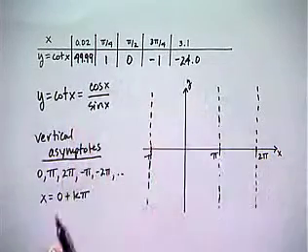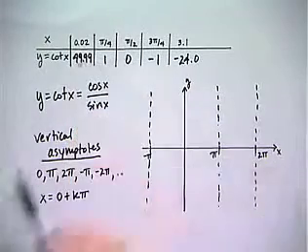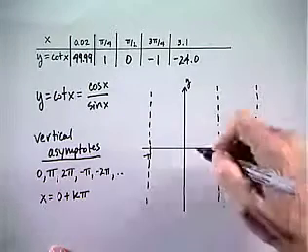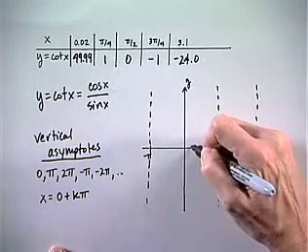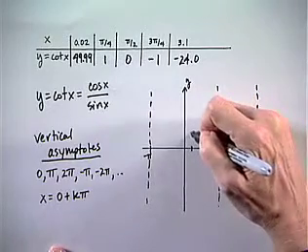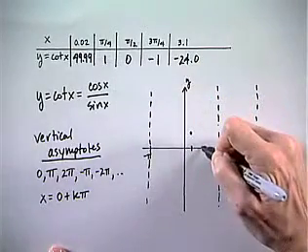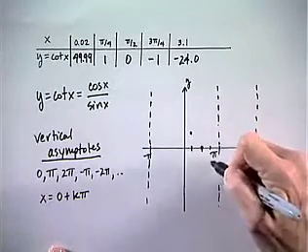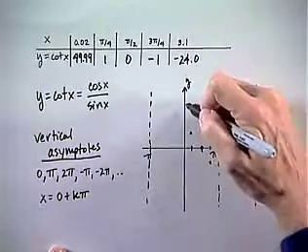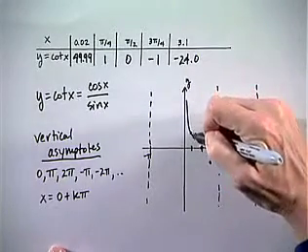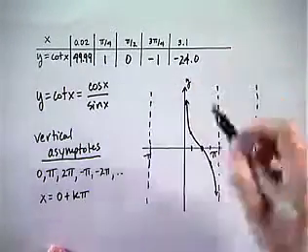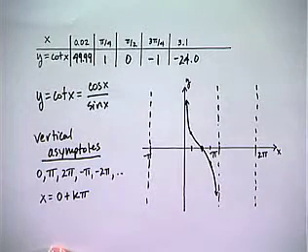Let's think about the points in our table. This number, just a little bit more than 0, is almost 50, and we probably aren't going to be able to scale that. But at pi over 4, or a quarter of pi, the graph is at 1. At pi over 2, which is half of pi, the graph is at 0. At 3 pi over 4, the graph is at -1. And so this particular piece of the cotangent looks approximately like this. That's called the fundamental cycle. That particular piece that I've graphed is the fundamental cycle of the cotangent.